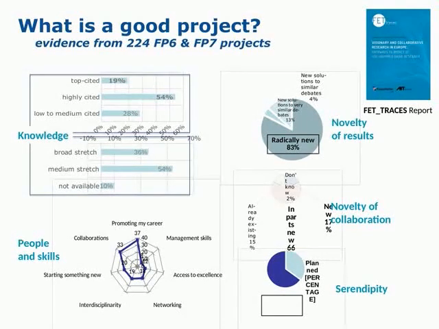We have the detail in the FET Traces report, also the impact on the various axes in terms of knowledge: 19% of them were top cited, and 36% had what is called broad reach. So have a look at this FET Traces report as you prepare your proposal, and you can get a better understanding of what a good project, a good proposal, can be.